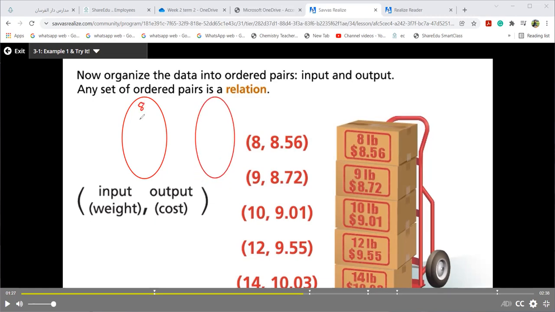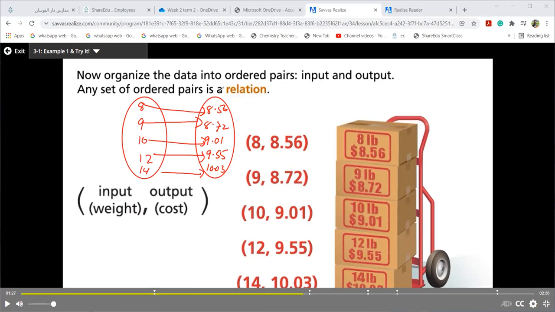You write 8, 9, 10, 12, and 14, and you will make a pair and you write 8.56, 8.72, 9.01, 9.55, and 10.03. That means, can you pair with it? Yes. So what is it called? This is called an arrow diagram.